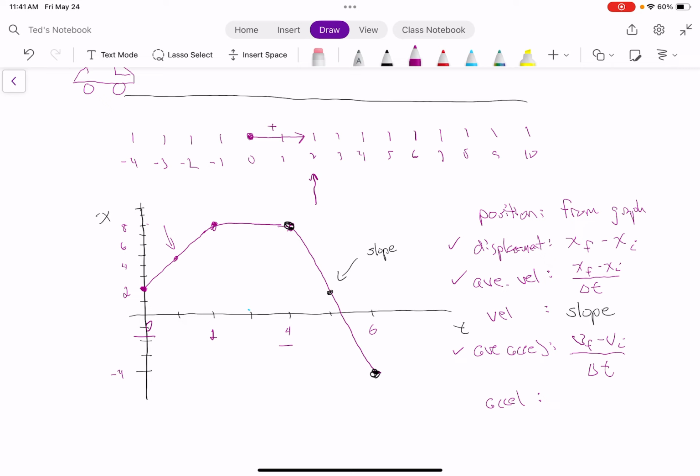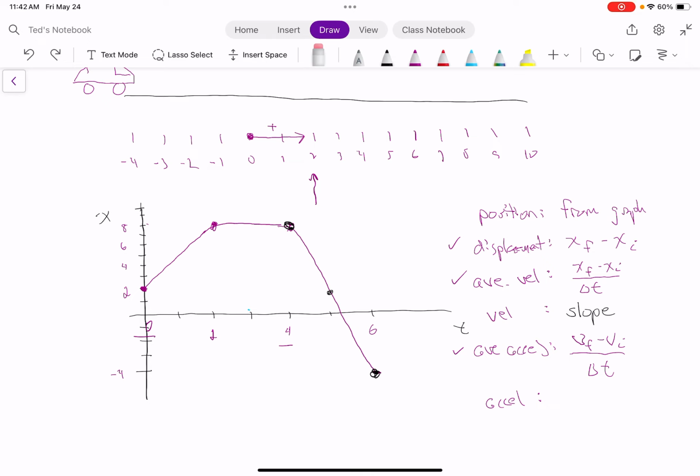So how do we find acceleration on a position graph? Well, actually, it's really hard because acceleration only happens when the slope is changing. Okay? So because acceleration is how quickly the velocity is changing.